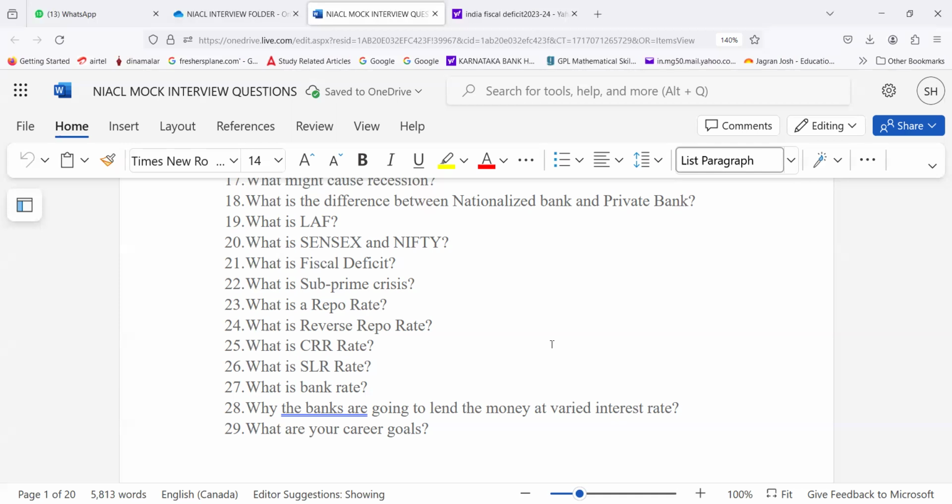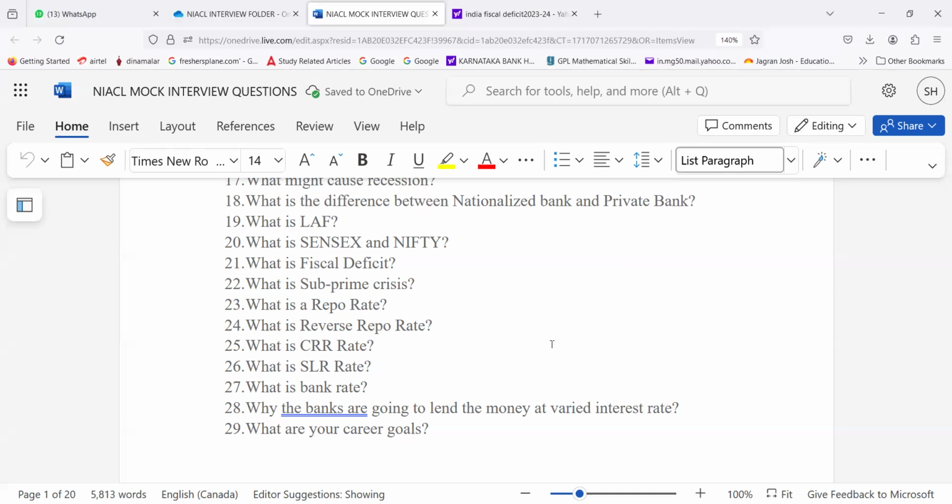18%. Scheduled commercial banks, yet non-banking finance companies need not maintain. Only scheduled commercial banks should maintain 18% of the net demand and time liabilities.